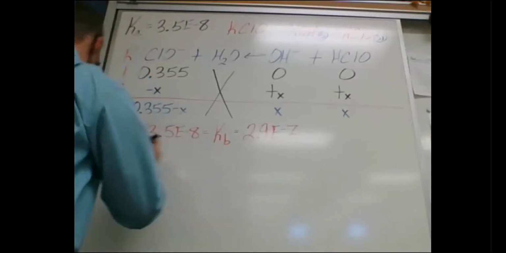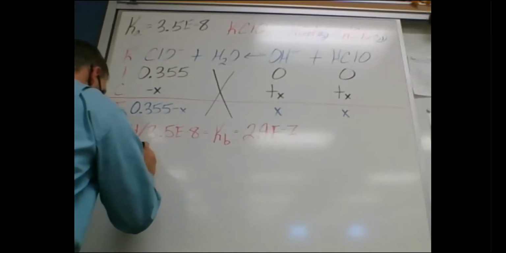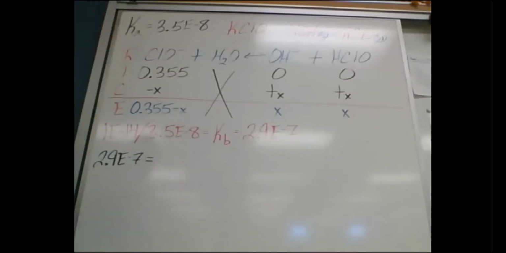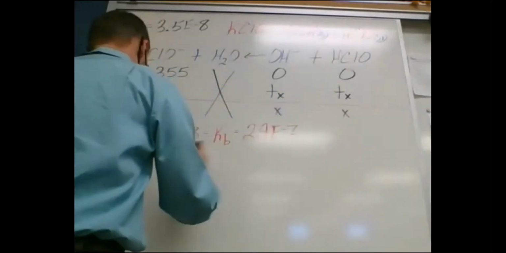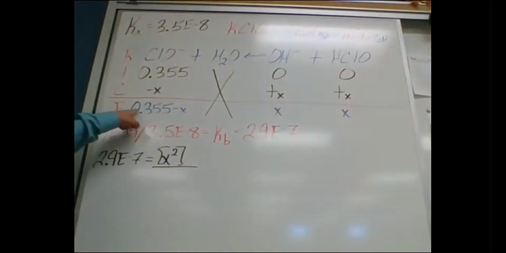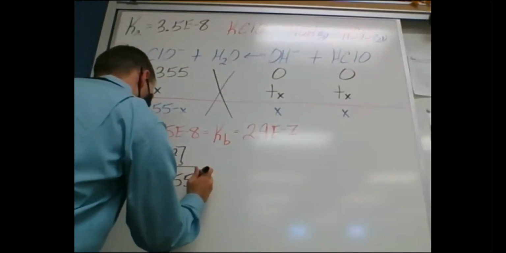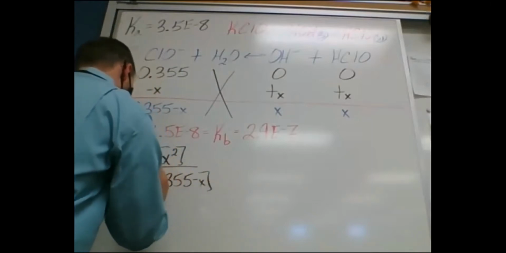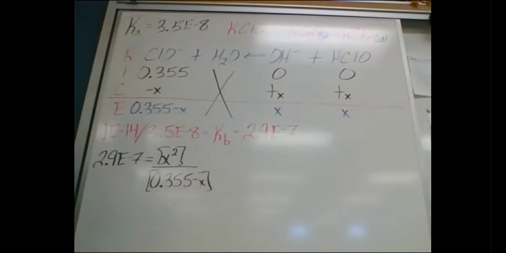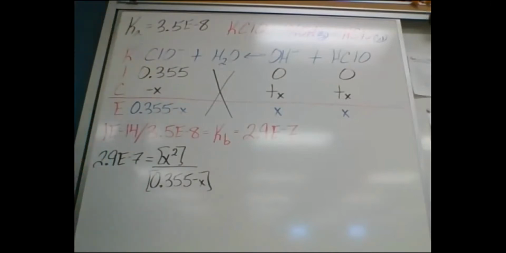So 2.9 E negative 7 is going to equal the products over the reactants. Simplify by cross multiplying.